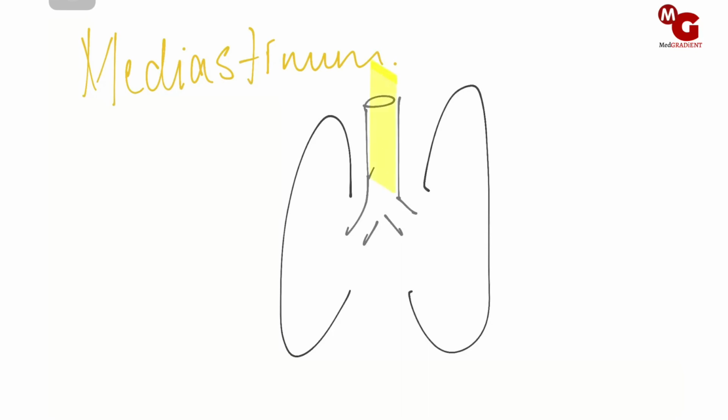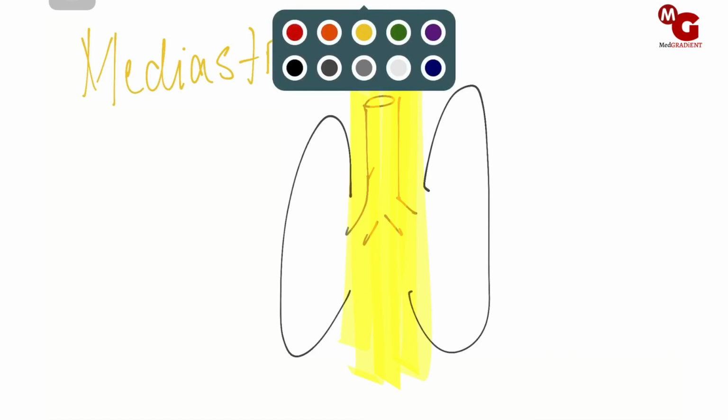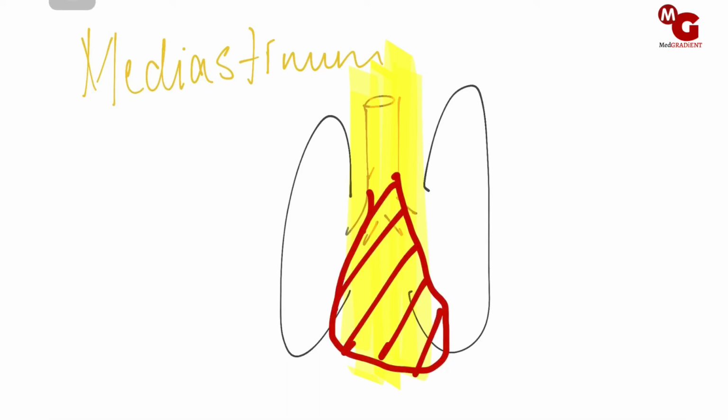So this part in between over here is called our mediastinum, and somehow we have our heart located over here, right? I think I've made myself clear.